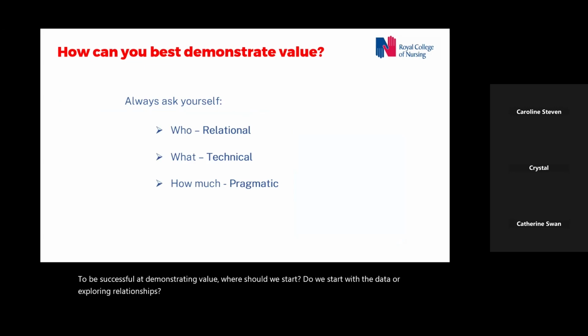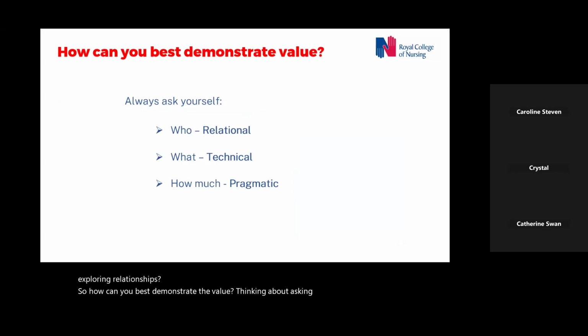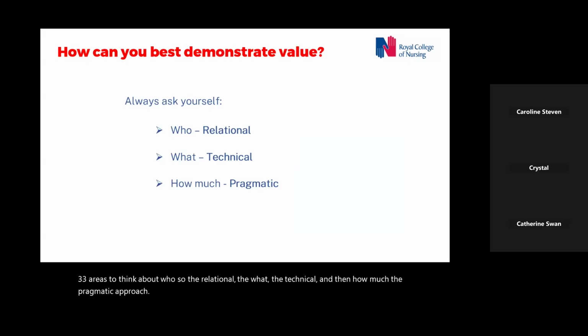So how can you best demonstrate the value? Thinking about asking yourself three areas to think about: who, so the relational, the what, the technical, and then how much, the pragmatic approach. And do not assume that there's one standard way of demonstrating economic value.